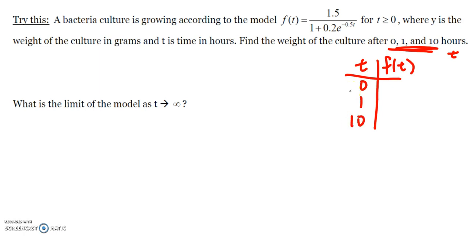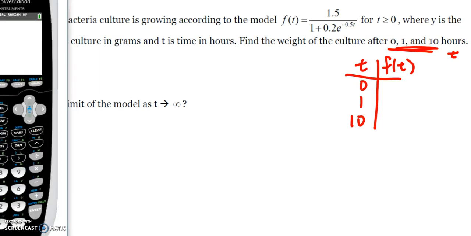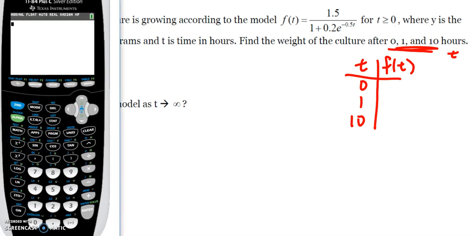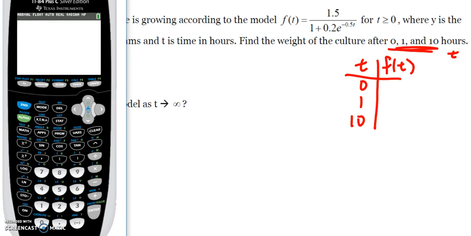If you don't have your calculator, go ahead and pause and grab that. We are definitely going to graph this and see what it looks like in our calculator, as well as find these values. Now we can go to y equals.